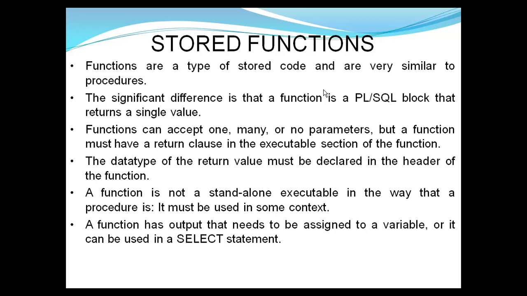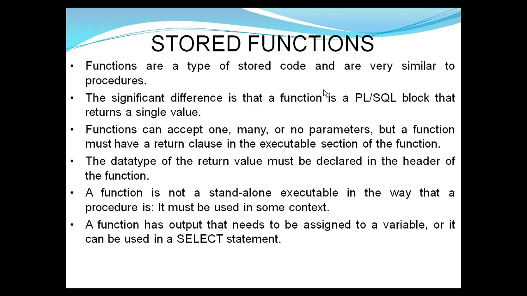It should return something in the executable section of the function. In a procedure, we return the data with the help of an out parameter, but a function supports a return clause.